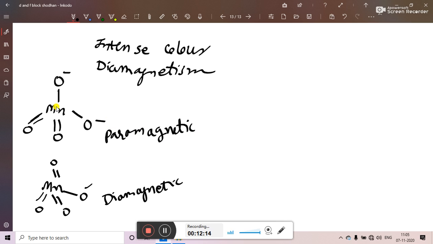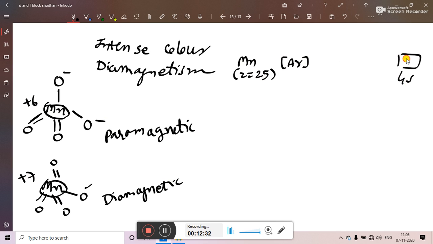So here we will see that in case of MnO4 2 minus, the oxidation number of Mn is plus 6, while in case of permanganate ion the oxidation number is plus 7. So if we talk about electronic configuration of Mn having atomic number 25, it is argon 4s2 3d5.